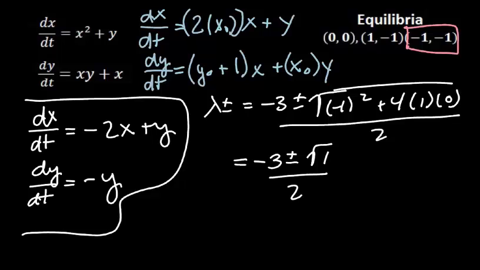So it's basically the same as last time, except this time we're going to get the values of negative 2 or negative 1. Since both of our values for lambda plus and minus are below 0, we know that this is definitely a sink equilibria. So we know then that our original nonlinear function has 3 equilibria with 3 different types of behavior. They have an equilibria of 0, 0, which is a saddle, an equilibria of 1, negative 1, which is a source, and an equilibria of negative 1, negative 1, which is a sink.